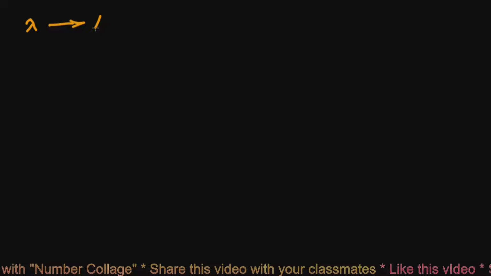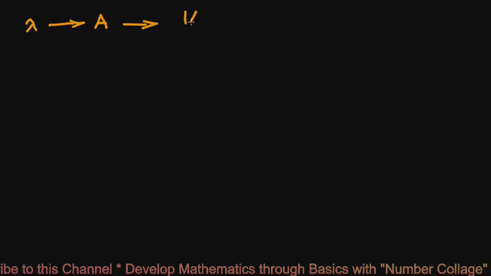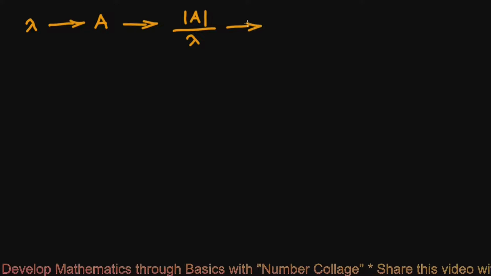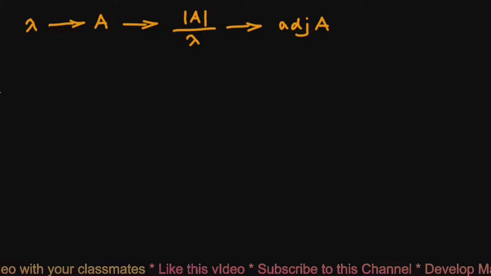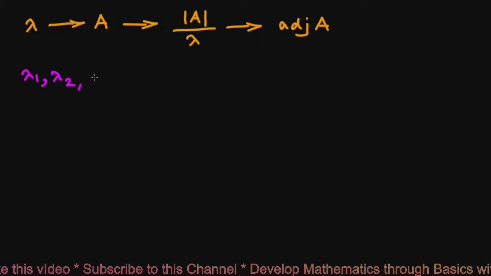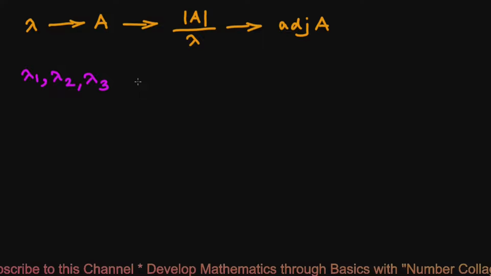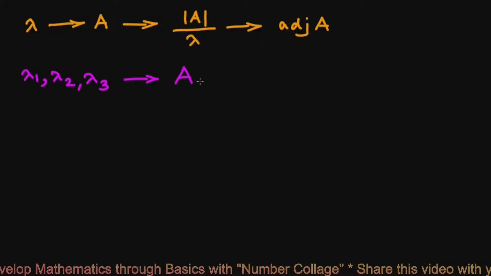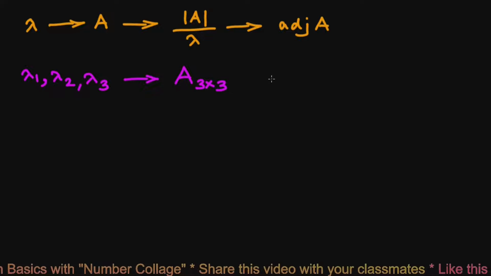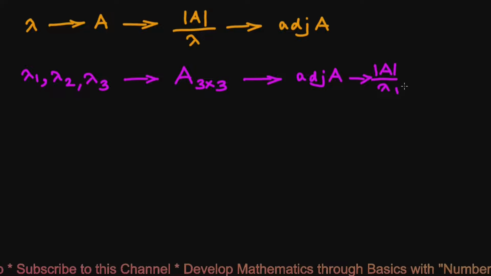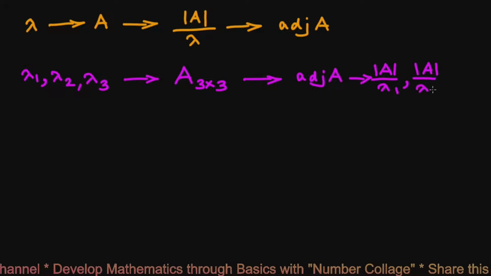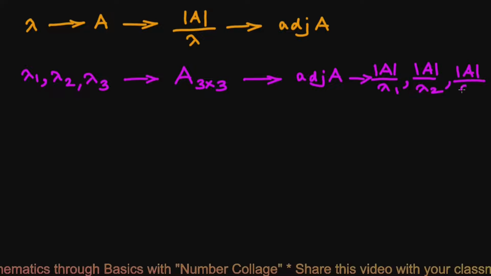There is another property. If lambda is an eigenvalue of a non-singular matrix A, then determinant of A upon lambda is an eigenvalue of adjoint of A. This follows a simple corollary: if lambda 1, lambda 2, lambda 3 are the eigenvalues of a 3 by 3 matrix A, then eigenvalues of adjoint of A will be determinant of A upon lambda 1, determinant of A upon lambda 2, determinant of A upon lambda 3.